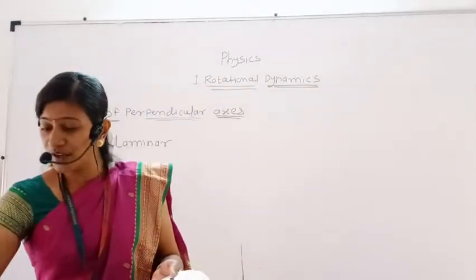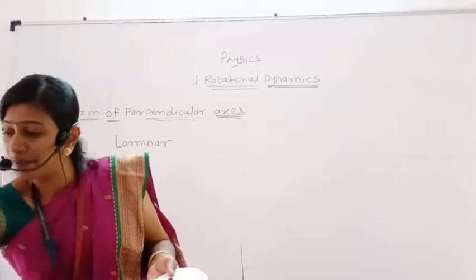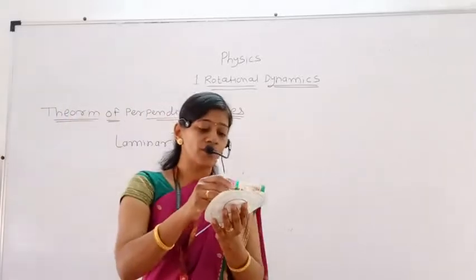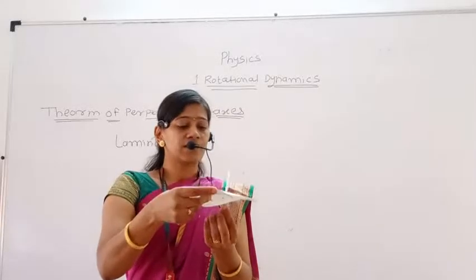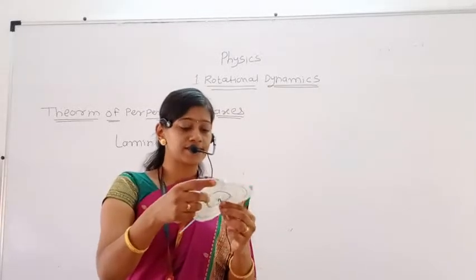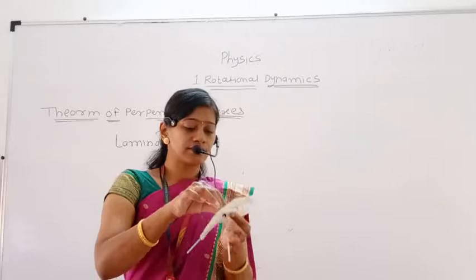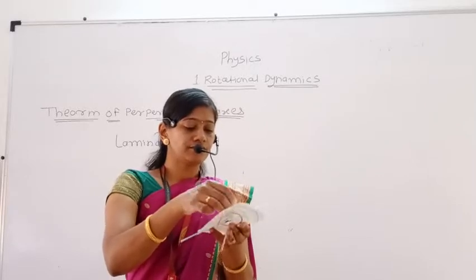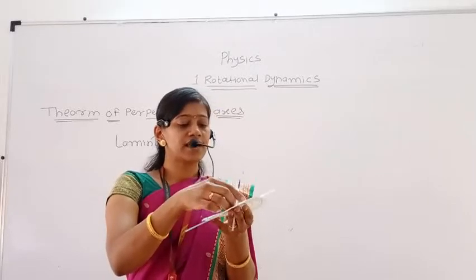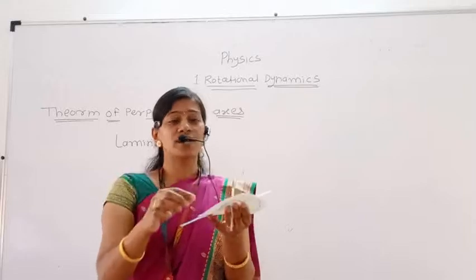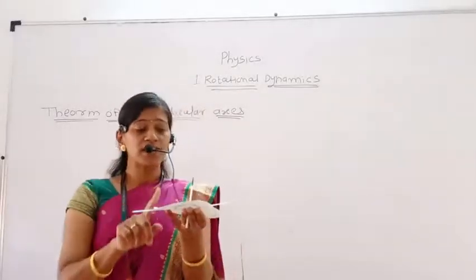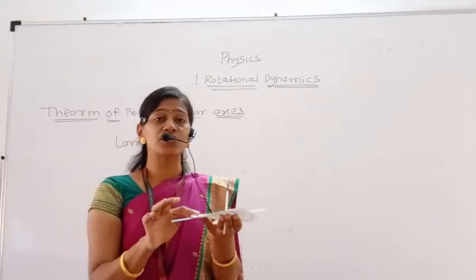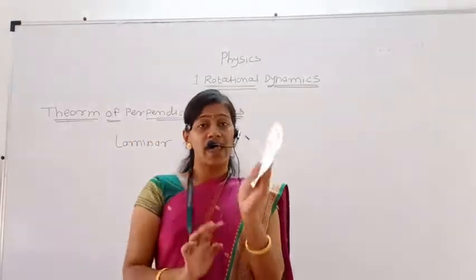And if we take another axis, from here we can draw one. It is a perpendicular axis. This axis is perpendicular to that plane. Now we have to see that the theorem of the laminar body is related to these three axes.